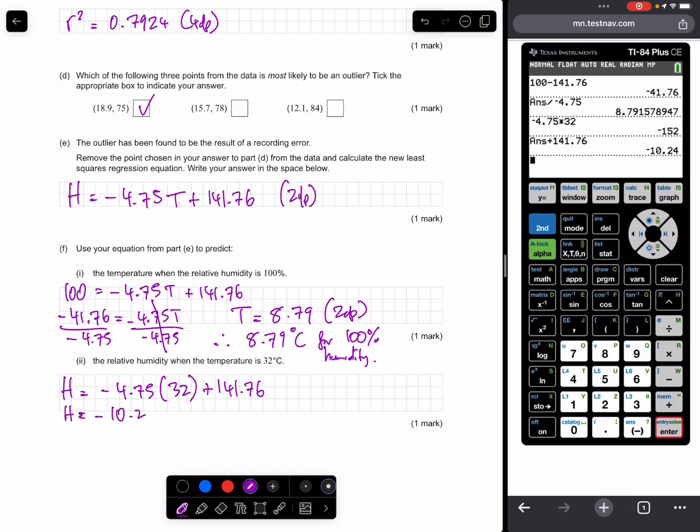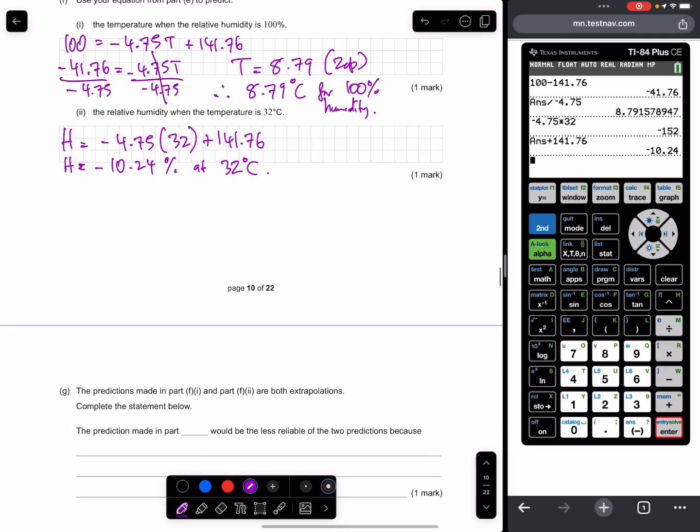Negative 10.24 percent at 32 degrees C. Page 10's done.